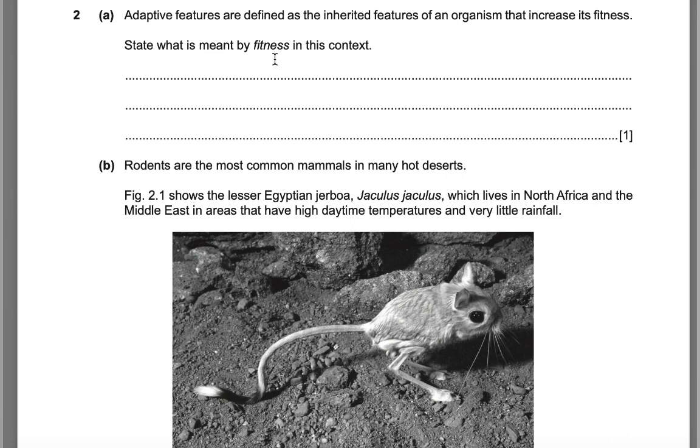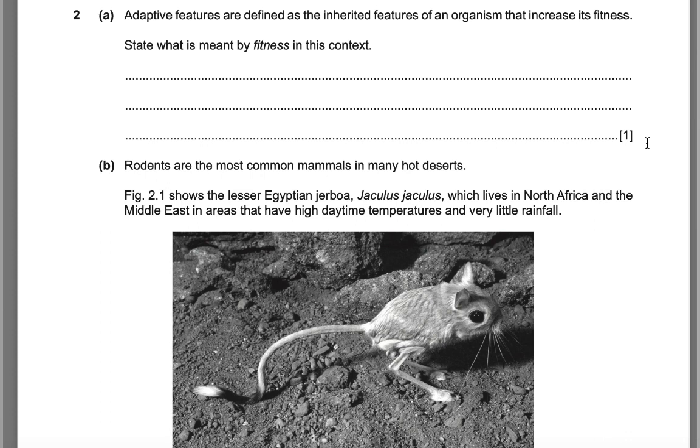State what is meant by fitness in this context. What is fitness? It's just 1 mark, so we just need 1 sentence. The question says again, adaptive features are defined as the inherited features of an organism that increase its fitness. Say what is meant by fitness in this context.